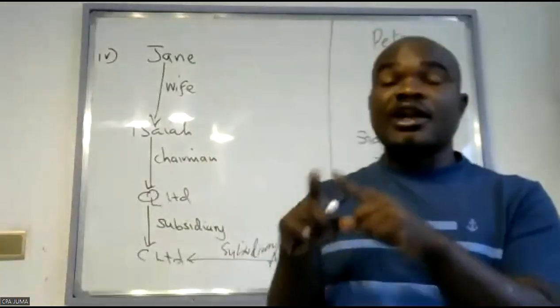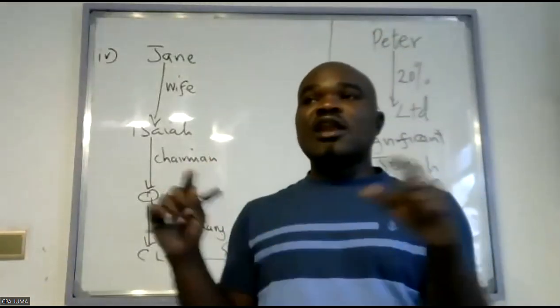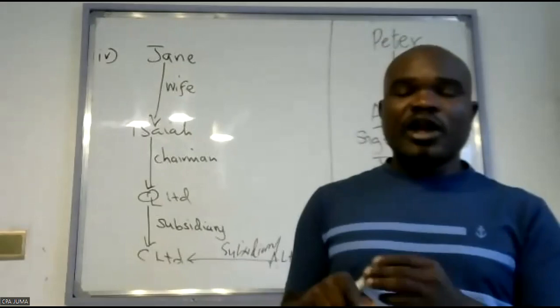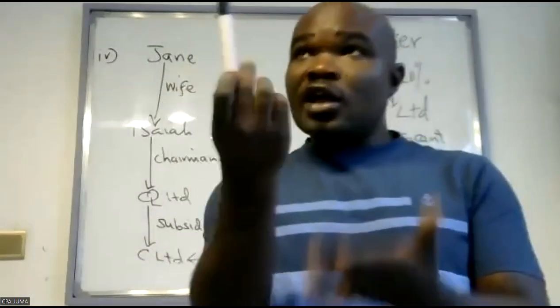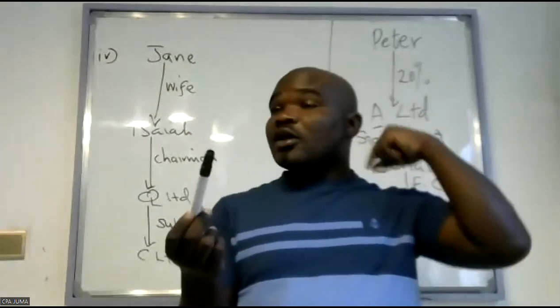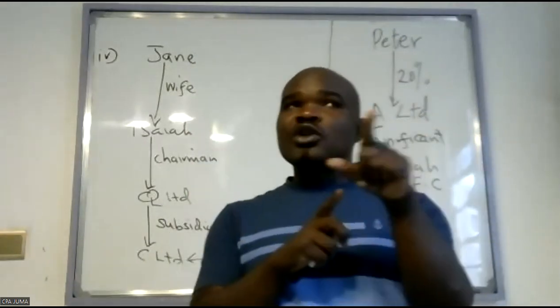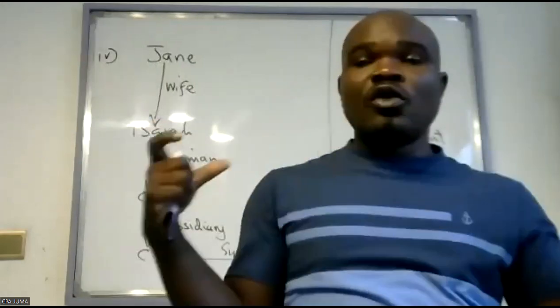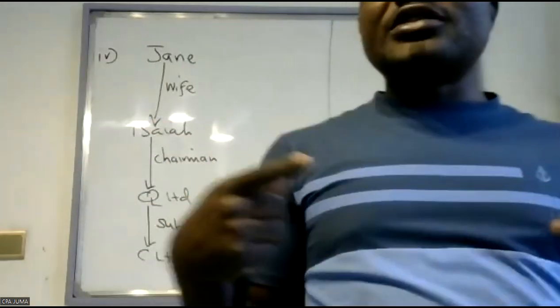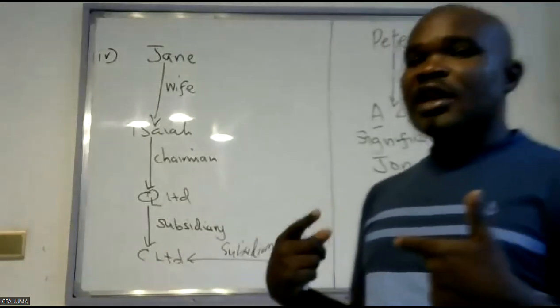All those entities are related parties. When you log into this vernacular channel of Citizen, you see what is happening in Citizen and this vernacular and the other one, what they are doing is the same.